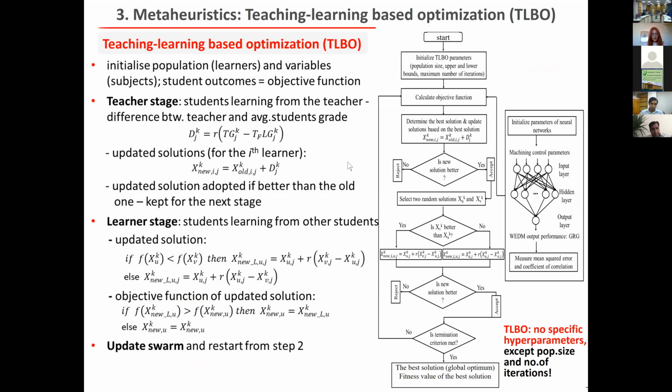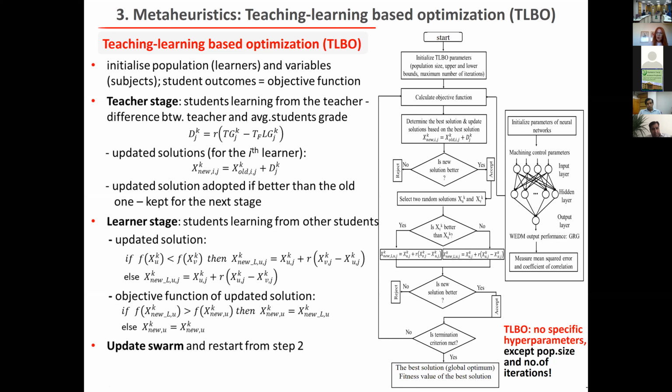What is important about TLBO is that there are no specific hyperparameters to be set. To run this algorithm, you just need to define the population size and number of iterations, which is common for all algorithms. So there are no specific hyperparameters.